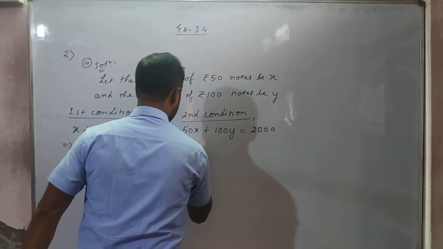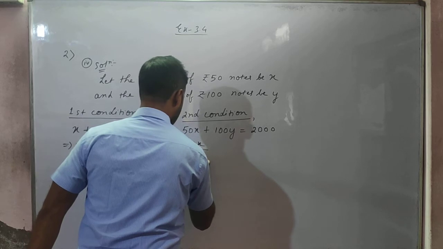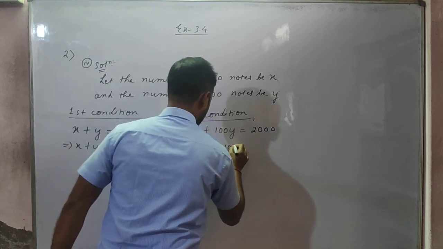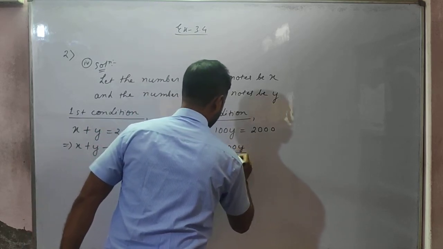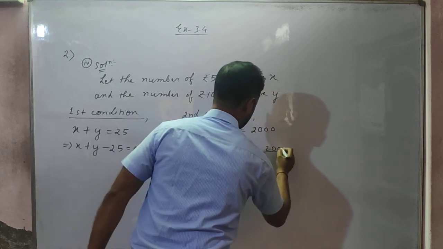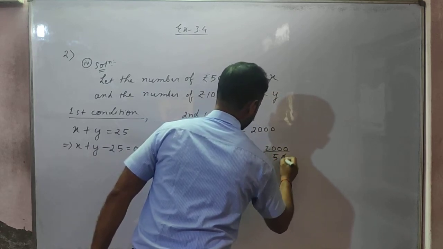So with 50 I am dividing all of it: 2000 by 50 is 40.